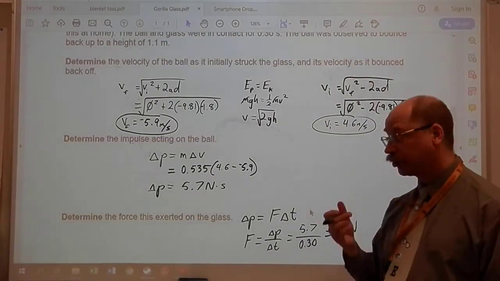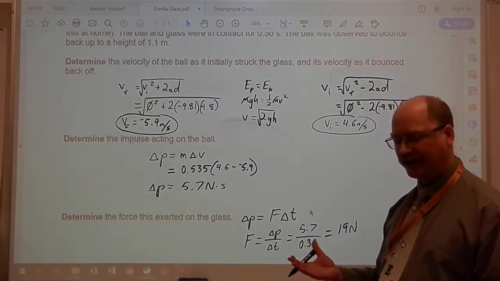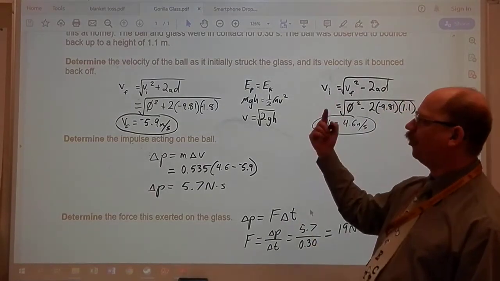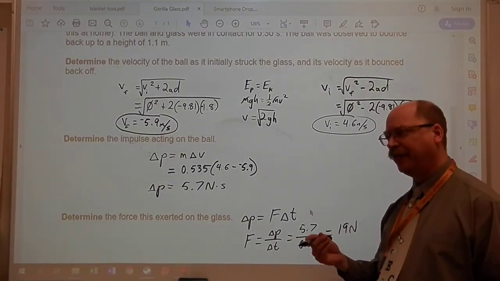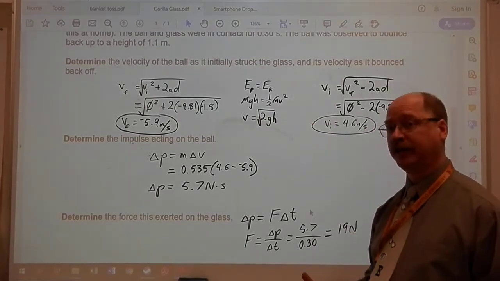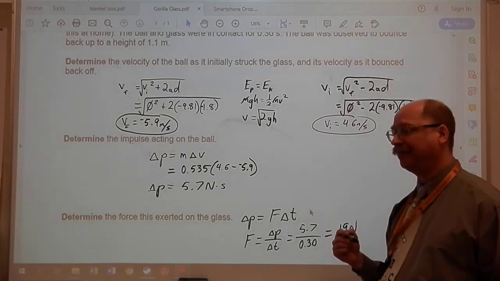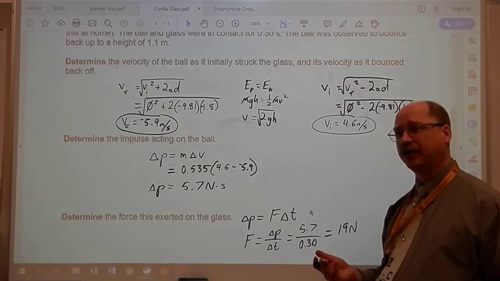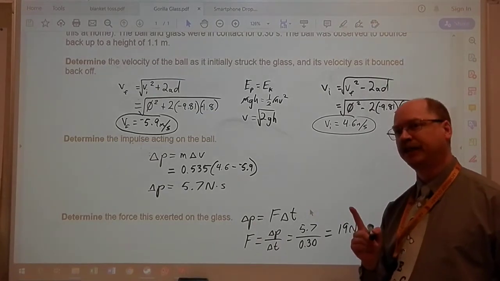Now the last question down here says, a friend asks if changing the glass so that the ball bounces all the way back up would be better. The argument they have is that the ball would carry back all of its kinetic energy to be able to get back up to its original height. On the surface that sounds like a good idea, but it's actually worse. Think of it this way.